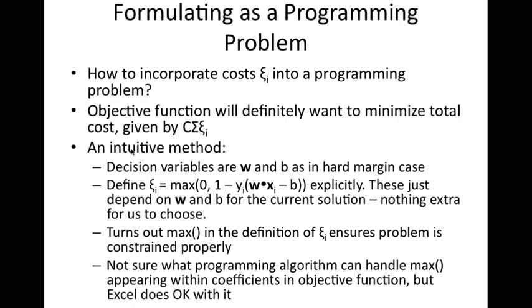If we were to look at an intuitive method briefly, what if we just kept the decision variables as they were before, just w and b that give the equation of the hyperplane, and then we just define xi explicitly like we did on the previous slides? We only need to know w and b from the current solution if we're solving this iteratively, for example. Nothing extra to choose. There are no new decision variables introduced here.